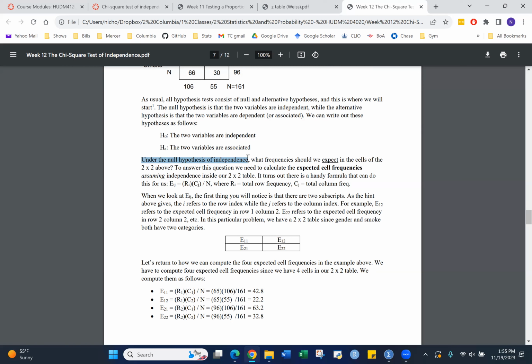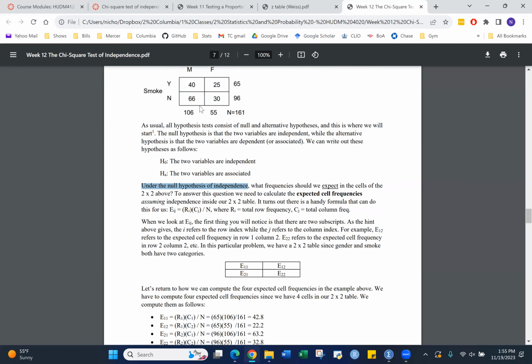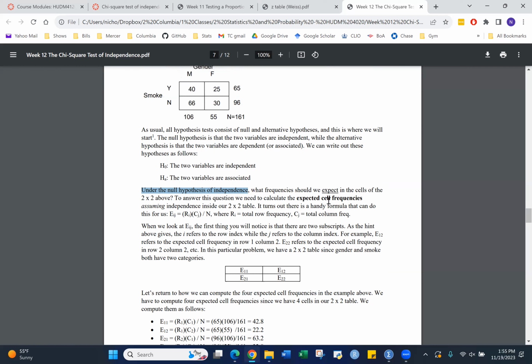So just like we've always done, we're going to assume the null is true. If it was true, that is, if gender and smoking were independent, then given a sample size of 161, and if we know how many women and men there are and how many smokers and non-smokers there are, we can actually compute the expected cell frequencies.